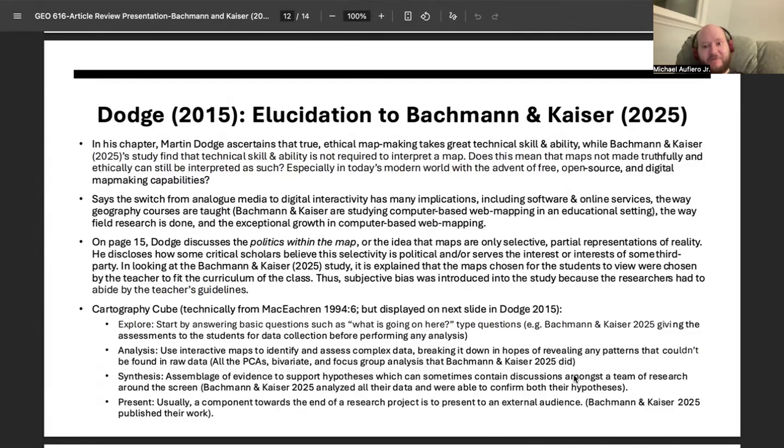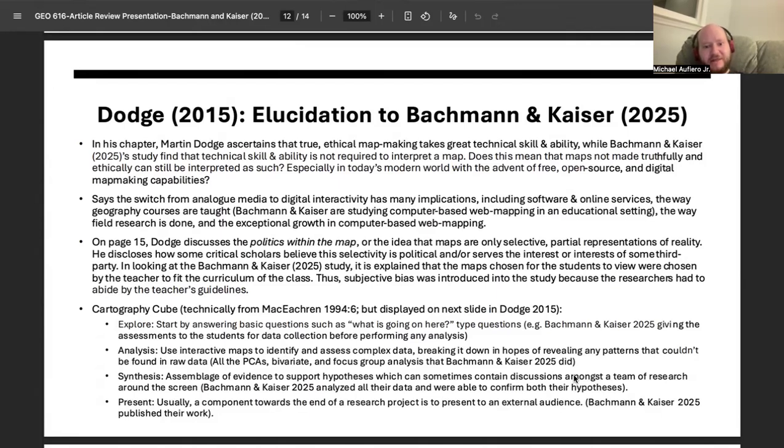Does that mean that maps not made truthfully and ethically can be interpreted as such? The untrustworthy maps will give false information, especially in today's modern world with the advent of free, open source, and digital map making capabilities. So I thought that was pretty interesting.